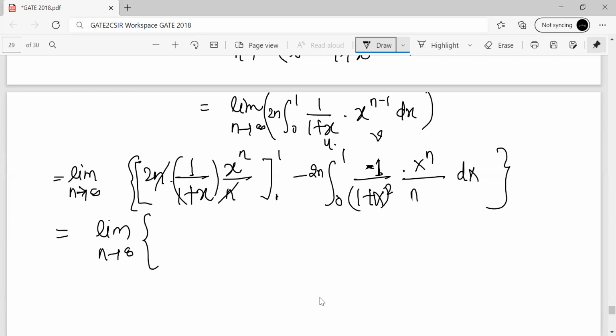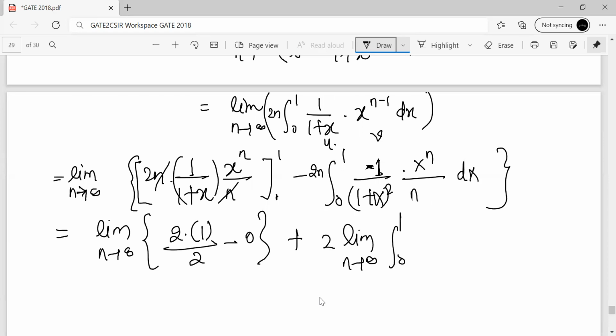If you put 1, you get 2 into 1 upon 1 plus 1, minus, if you put 0, you get 0. And minus the limit as n tends to infinity, this will be minus and minus plus, and then 2 and n will get cancelled. It will be 2 times the limit of the integral 0 to 1 of x power n upon 1 plus x square dx.